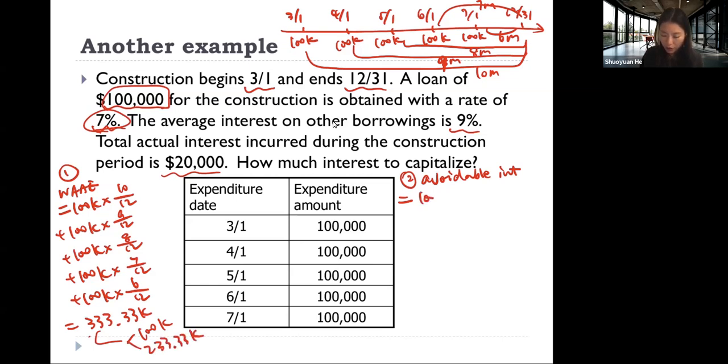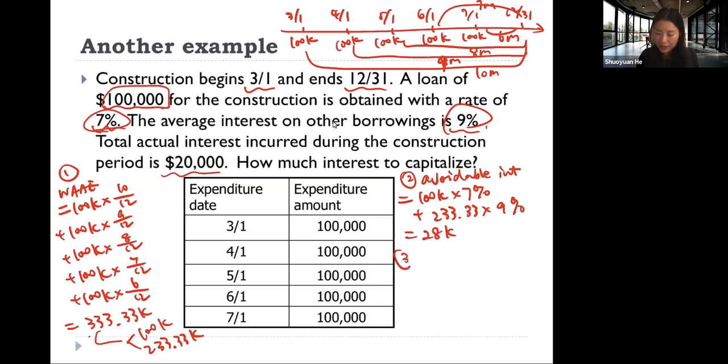So for 100,000, we can apply the 7%. For the rest, 233.33 thousand, we need to apply the 9%, which is the rate on all of the other borrowings. And this gives us 28,000. So this is the avoidable interest.